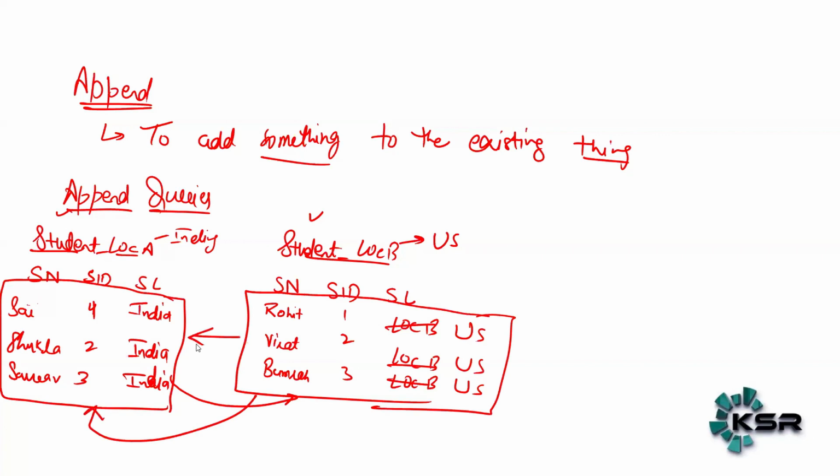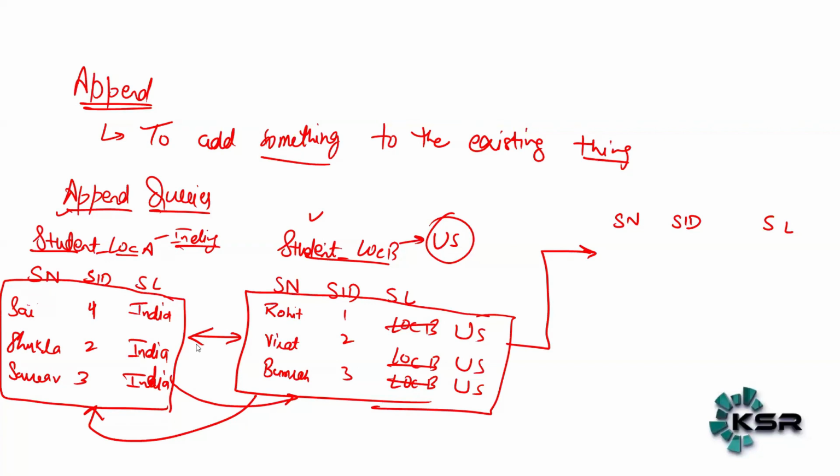So in that case, you will use a feature in Power BI named append query that will convert the output into student ID, student name, student location. So suppose you are appending the US location table with the India location table.